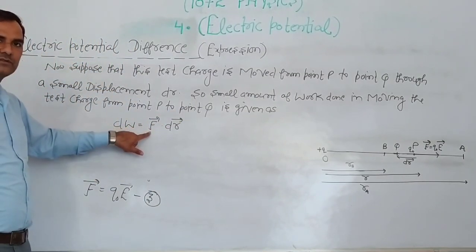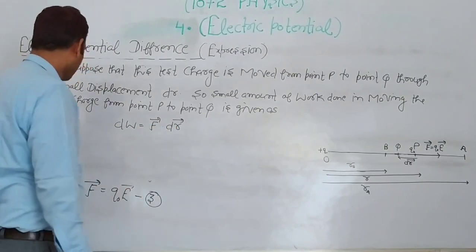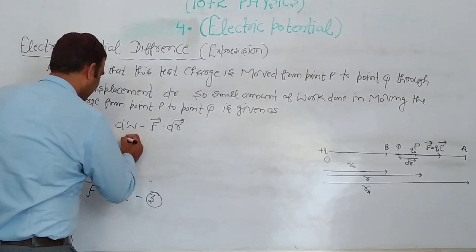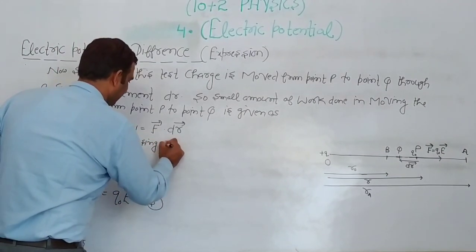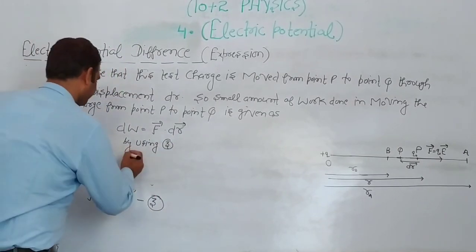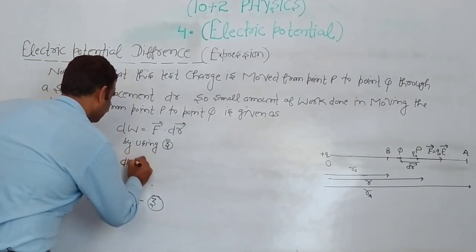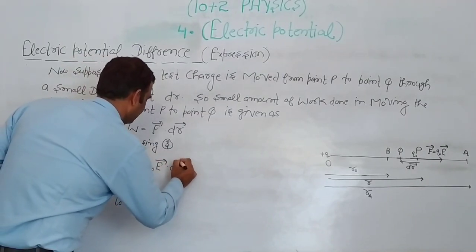F is the force, dr is the displacement, small displacement. And by using equation 3, what is the value of force? Q naught E. dW is Q naught E into dr.